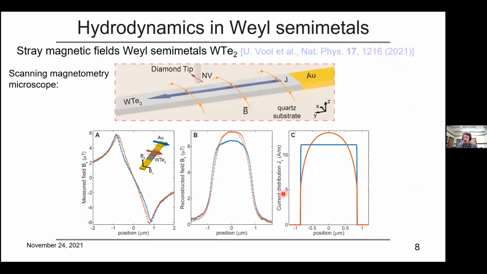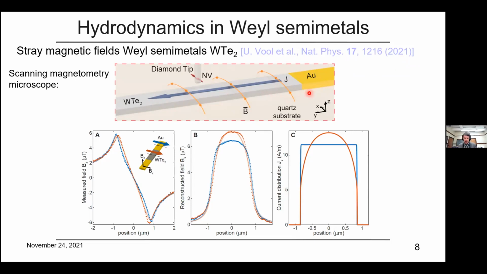Very recently, another type of experiment was able to visualize the Poiseuille profile of electric current in a film of a Weyl semimetal. By using a scanning magnetometry microscope, the authors of this paper were able to measure the stray magnetic fields. So essentially, what did they do? The experimental setup was quite simple.